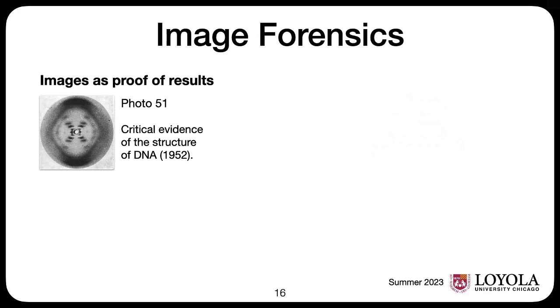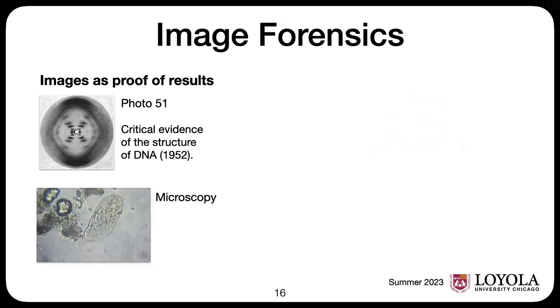So you see here, this is a paper from 1952 where they presented the famous Photo 51 as proof of the evidence and of the structure of DNA. So this is an X-ray. And this is common, especially for biology papers, that they present microscopy or other images as proof of the results or the outcome of the treatments they are proposing, or the outcome of experiments.